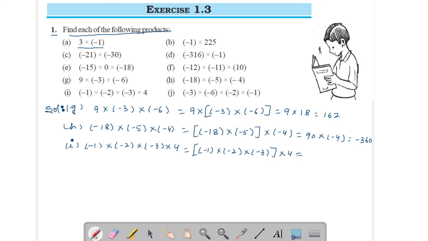If you multiply, there are 3 negative integers, so the product will be negative. Multiply 1 into 2, 2, 2 3 6. It will be minus 6 into 4. If you multiply it, you will get minus 24. This is your answer.